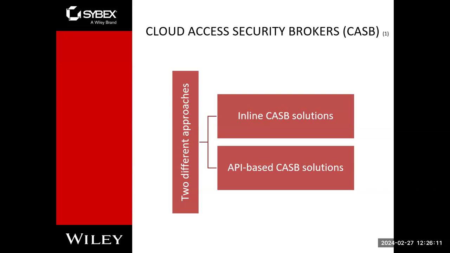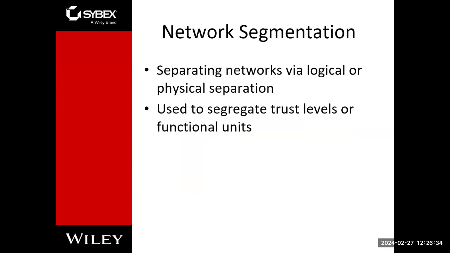Inline is what we see primarily on the security side. Think of a virtual firewall that you can buy or rent out of the AWS marketplace from Palo Alto or Cisco or Fortinet or Checkpoint or any one of the numerous vendors that have those types of products.